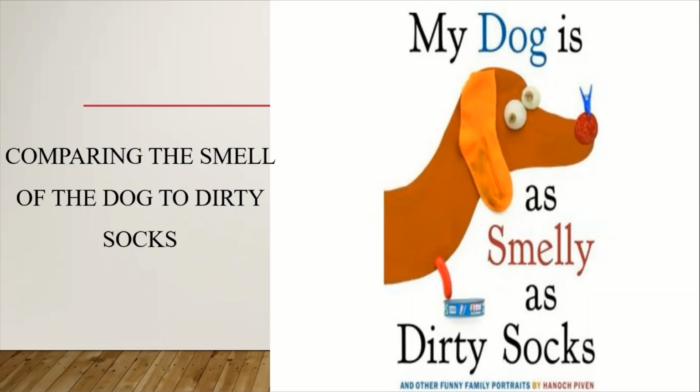So instead of saying my dog smells very badly, you can say my dog is as smelly as dirty socks. It means it smells very bad. You're not directly saying it is a dirty sock, you're just comparing the smell of the dog to dirty socks. So it's a comparison.